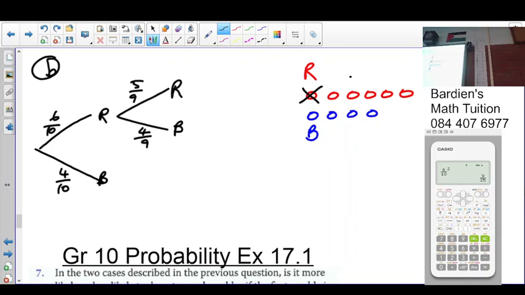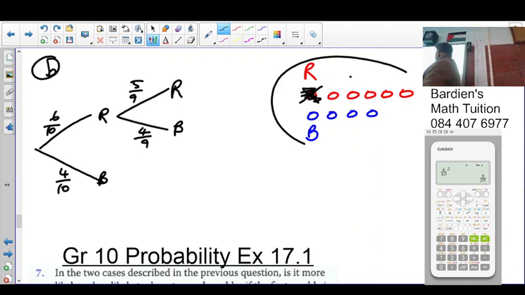Who's confused now? Yes, Michael, what are you confused about? I'm saying, why is this one crossed? He's asking. If I draw in my first draw a red marble, this is what is in the bag. This is the bag.